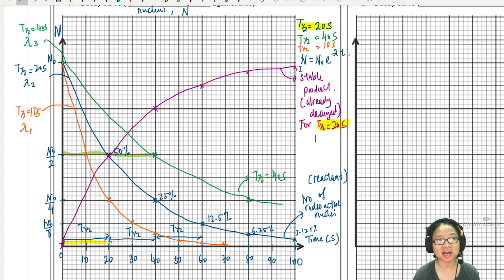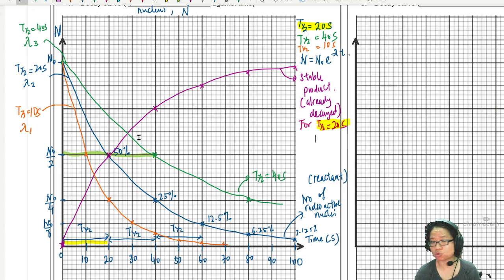So if you give it enough time, the number of stable nuclei will hit 100% and the number of radioactive will drop. Why is this graph important? Well, number one, it tells us how long we need to wait until it is safe to use the instrument again. It also tells us how long we need to wait for us to replace the fuel rod in the reactor.